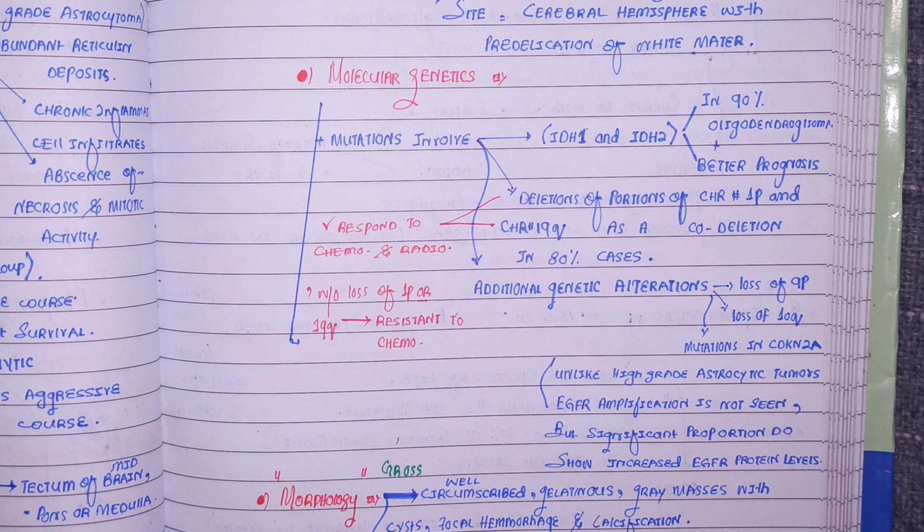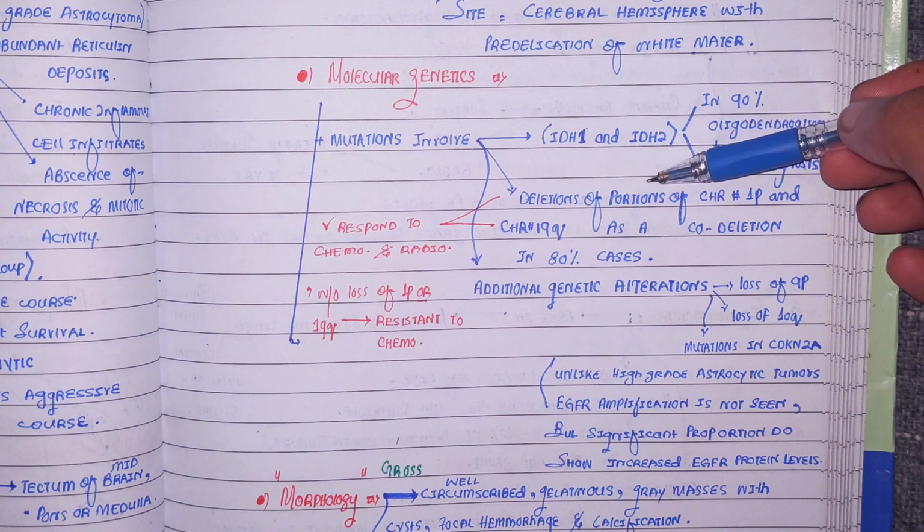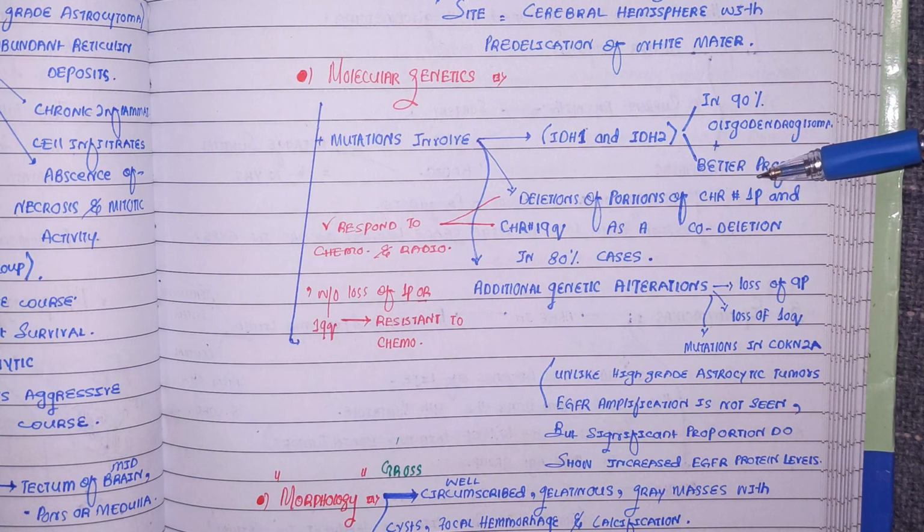Okay beta, besides this, which other mutations may be responsible for this oligodendroglioma? Number 2 is the deletions of particular portions of chromosome 1p and chromosome 19q as a core deletion.